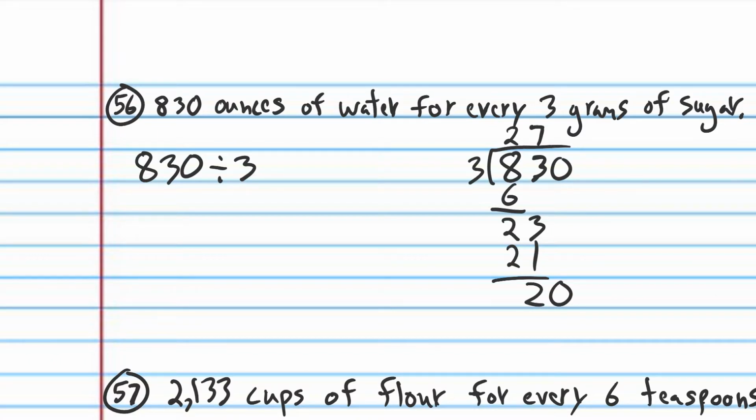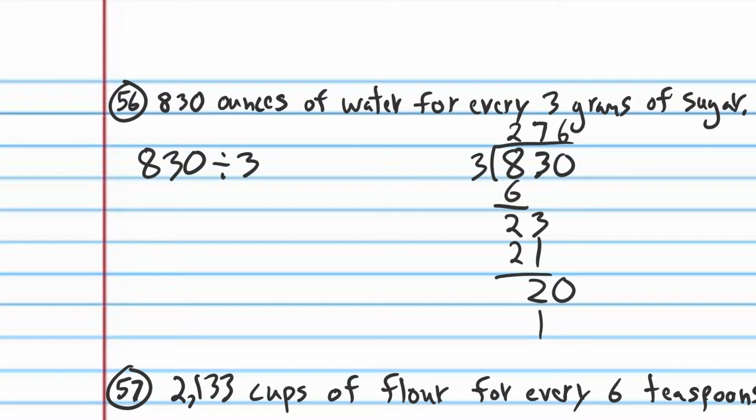And 3 goes into 20, 6 times is 18. And now we don't have any more numbers here. So the number that comes up when we subtract is going to be the remainder. So we have 2.